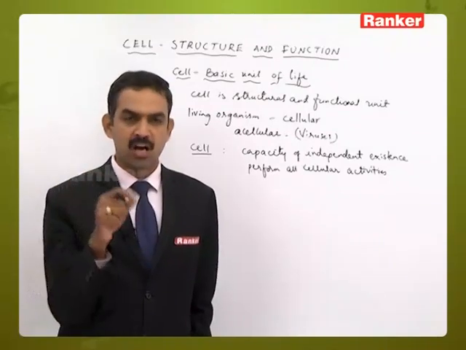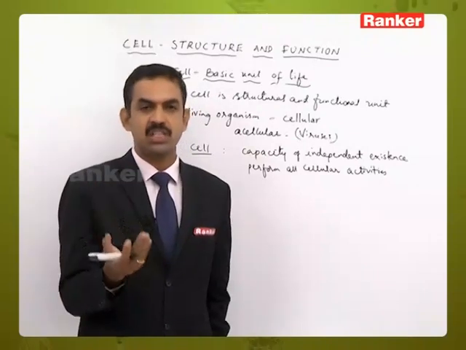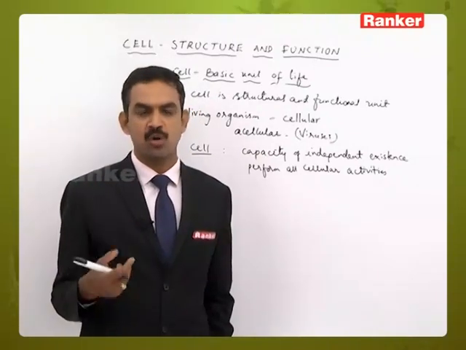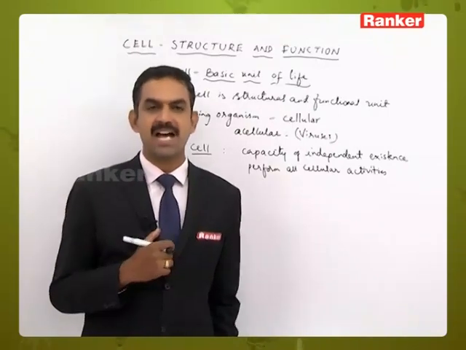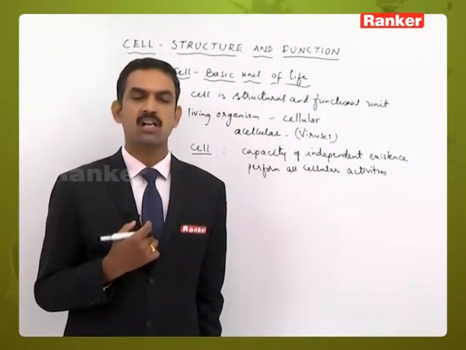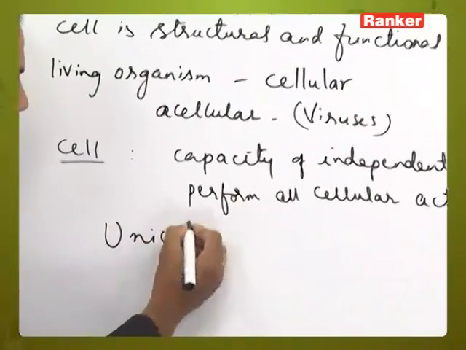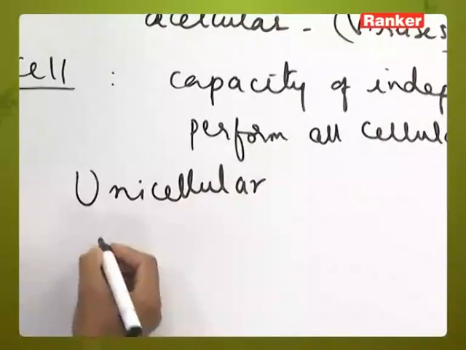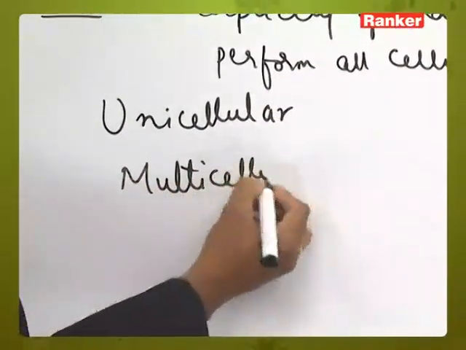But if it is a unicellular organism, the zygote will remain as it is, and it will undergo some changes in its structure and form new organs and new structures, but it will perform all the functions like a multicellular organism. Likewise, we can observe many different types of plants which may be unicellular, or sometimes multicellular also.